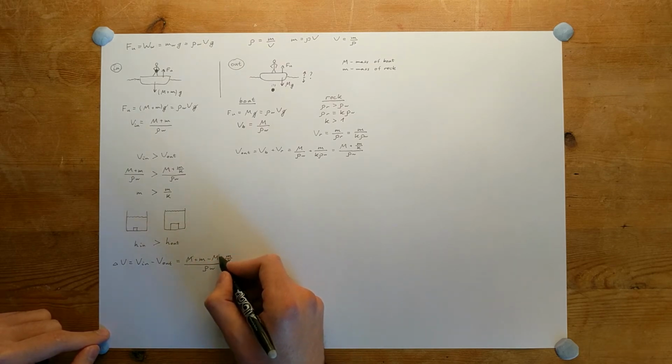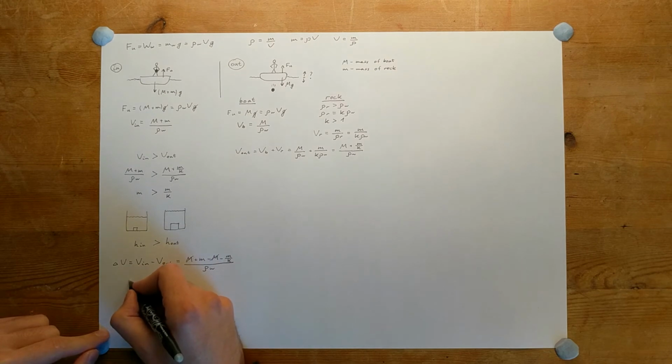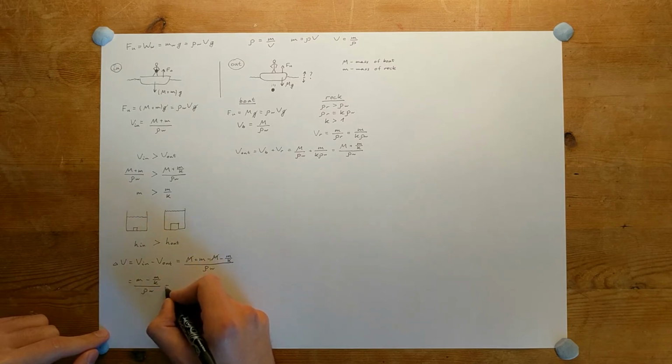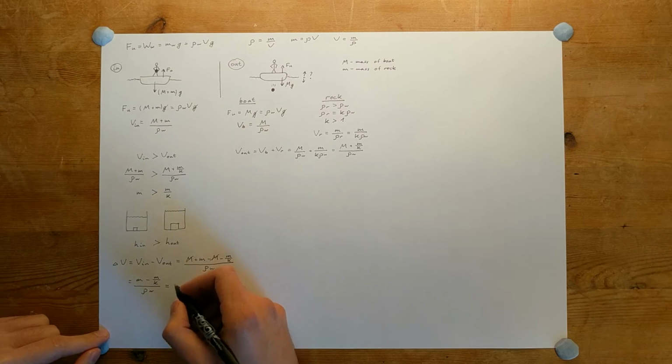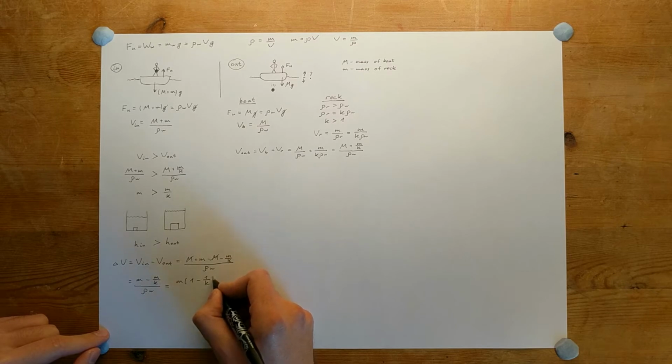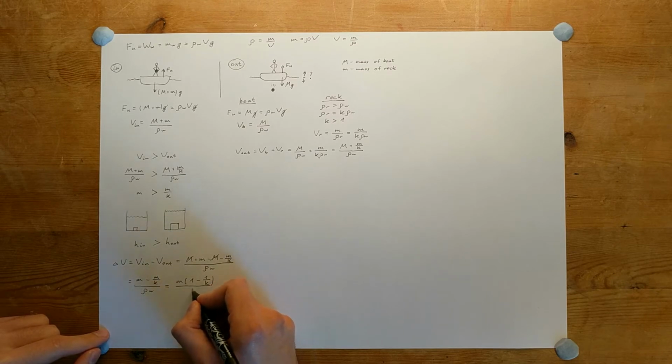So we can cancel the big M's. What we get is m minus m over K, over the density of water, which is m times 1 minus 1 over K in the brackets, over the density of water.